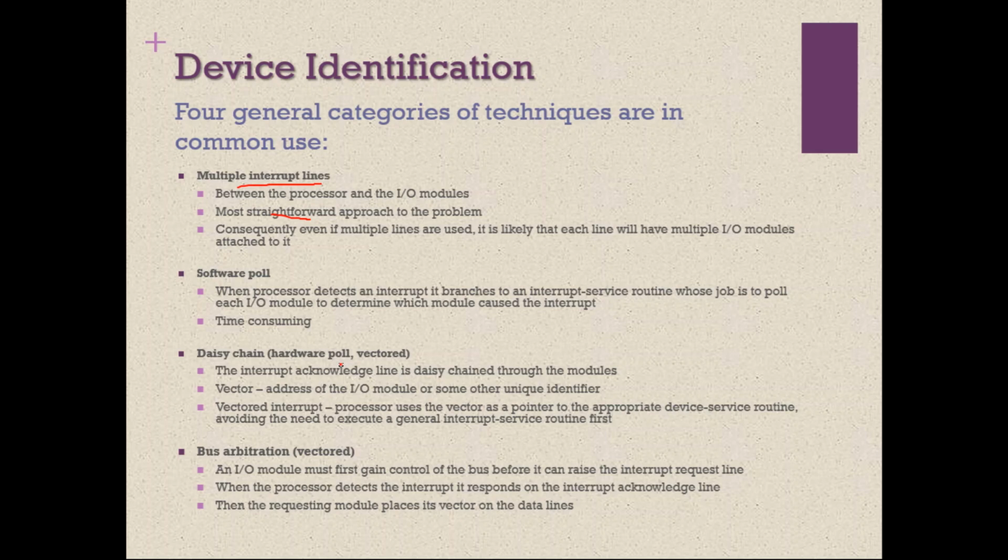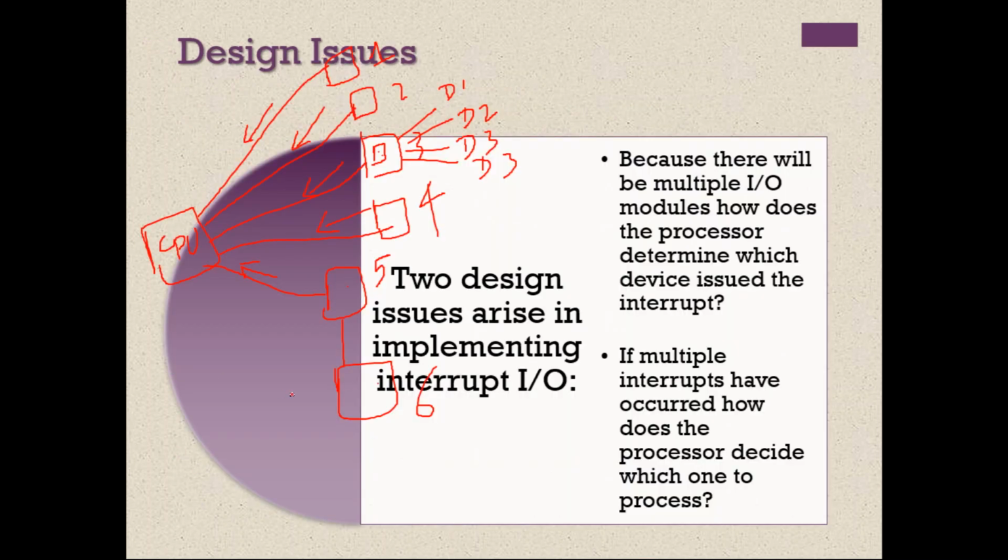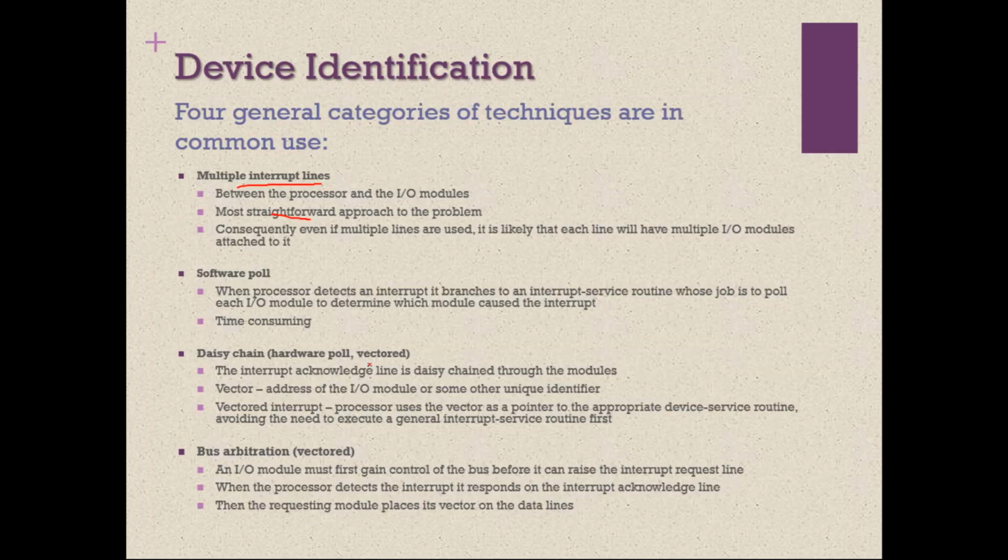In real time, using this is difficult. Even if multiple interrupt lines are used, we may face an issue like this: one line may be connected to more than one IO module. It is likely that each line will have multiple IO modules attached to it.